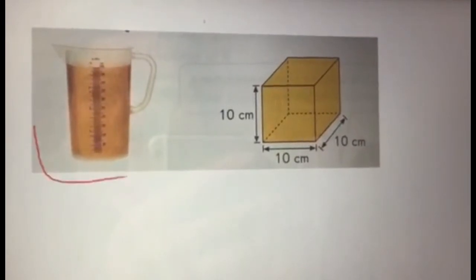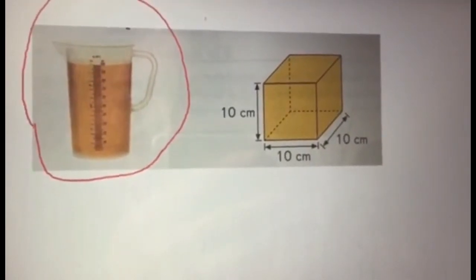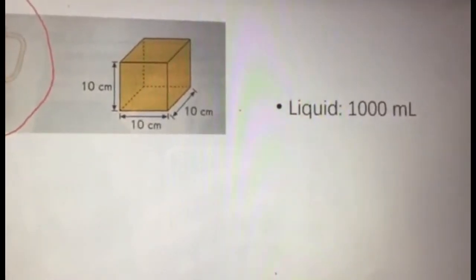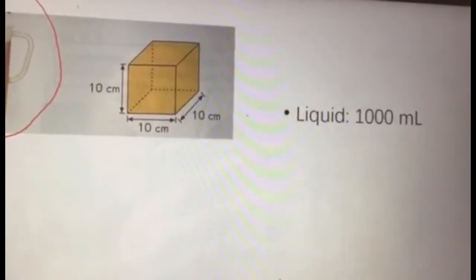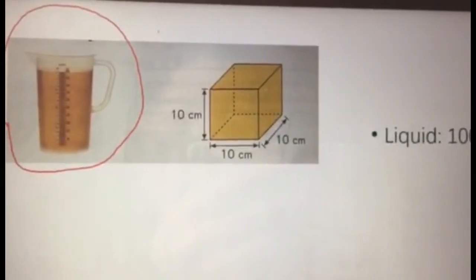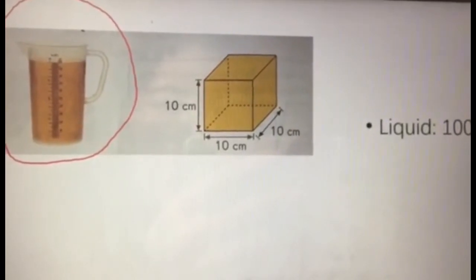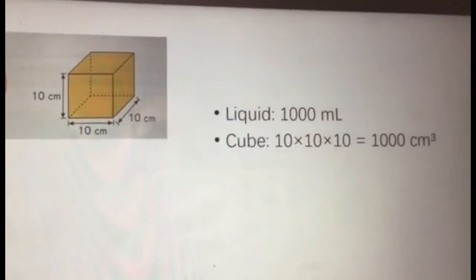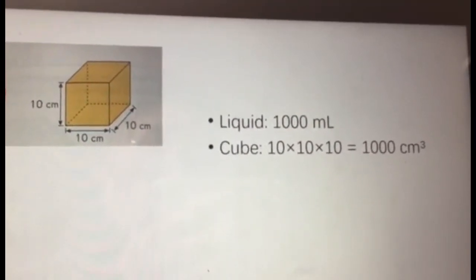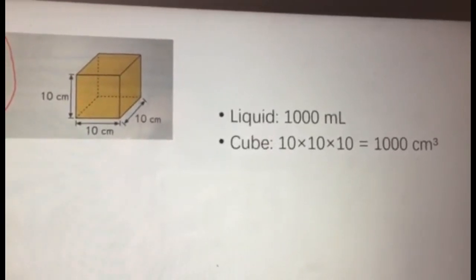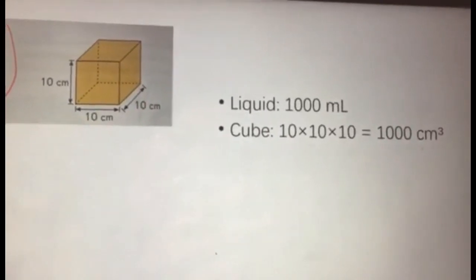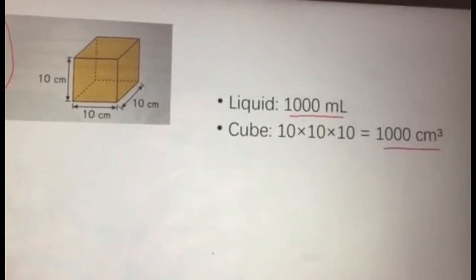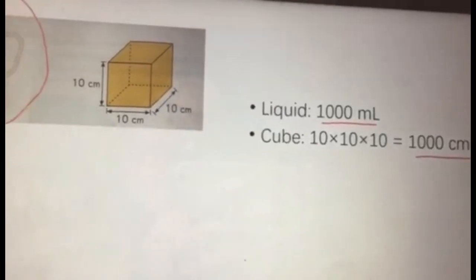This jug has 1 liter of water, which is also 1,000 milliliters. So that's the liquid. And what they did is they poured the liquid into the cube. The cube measures 10 by 10 by 10. So the volume of the cube is 10 times 10 times 10, which is 1,000 cubic centimeters. So if we can find the relation between 1,000 milliliters and 1,000 cubic centimeters, we'll know how to convert these two unit measures.